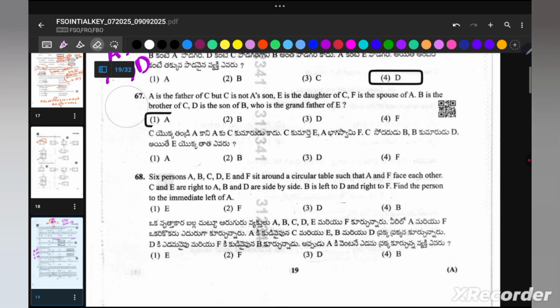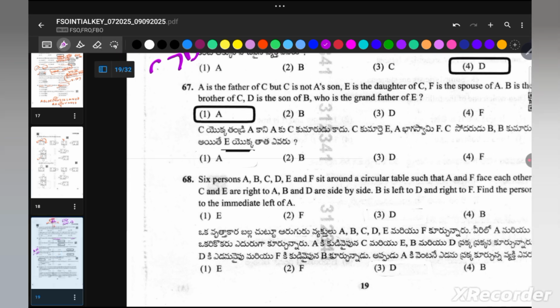Next, this one is also a reasoning question. Look at this. A is the father of C, but C is not A's son. That means C might be a daughter.